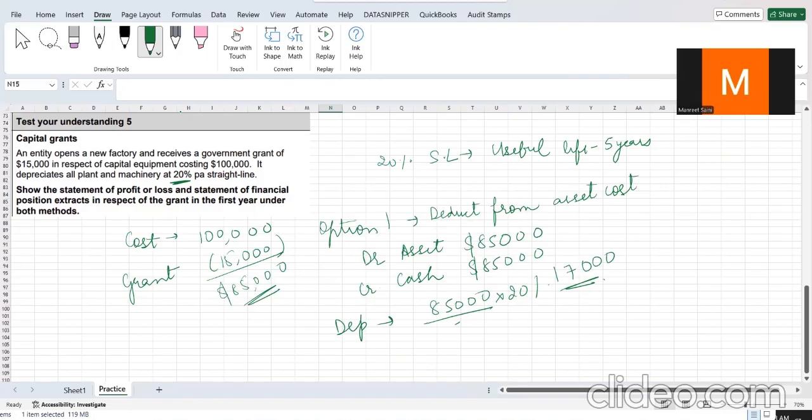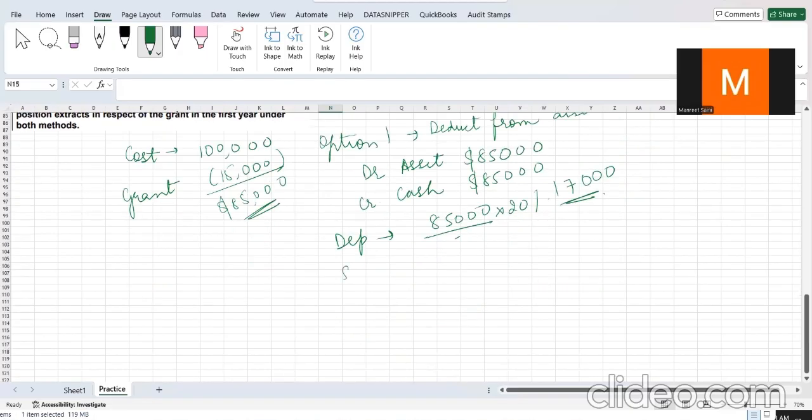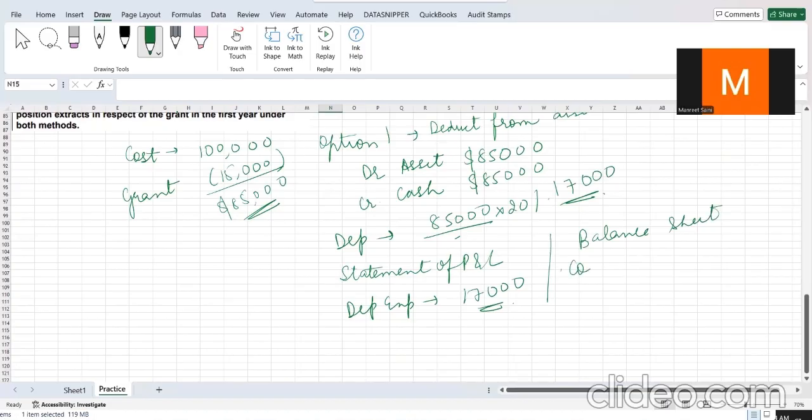So in my statement of P&L, my depreciation expense would be 17,000. And in the statement of financial position, my cost would be 85,000 less accumulated depreciation of 17,000, and the net book value would be 68,000. Perfect. This is option one.